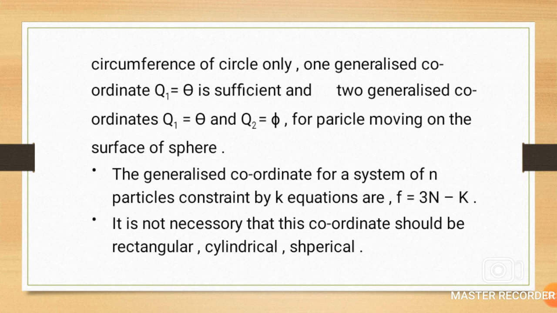As we discussed in our previous video, if a particle is moving on the circumference of a circle, only one coordinate, theta, is sufficient to describe the system, because in a circle the radius is a constant. With the two polar coordinates r and theta we are able to describe the system, but in the case of a circle r is a constant. So theta is the only coordinate which helps us to describe the system. This is the one generalized coordinate for the particle moving on the circumference of a circle.